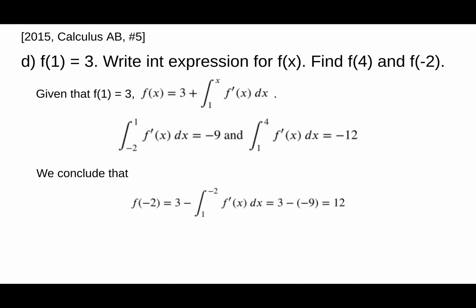So f of -2 is 12. Likewise, f of 4 is 3 plus the integral from 1 to 4 of f prime of x dx, which is 3 plus -12, and that turns out to be -9. So f of 4 is -9.